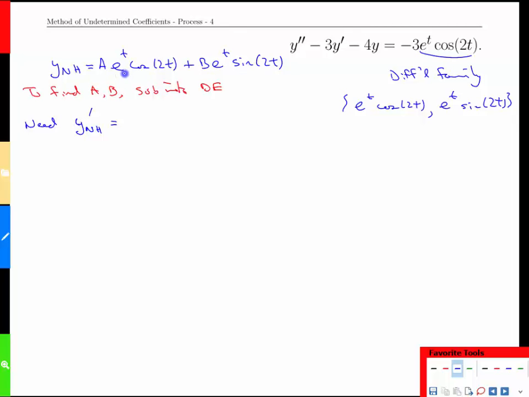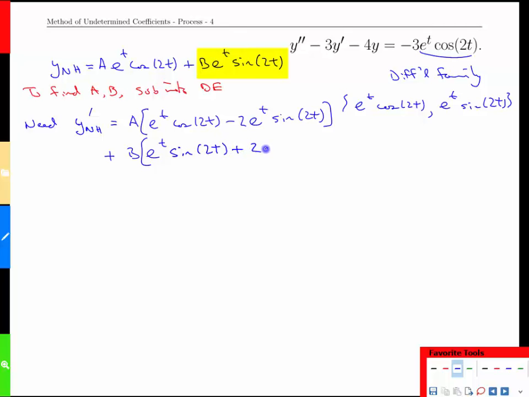The derivative of the exponential, fortunately, is the same exponential, so we'll have a e to the t cos 2t, so there's a product rule, plus when we differentiate the cos, we'll have 2, and it'll be negative e to the t sine 2t. And we'll, in addition to that, have b e to the t sine, differentiate e to the t, we get e to the t sine again, and then plus 2 e to the t cos 2t.